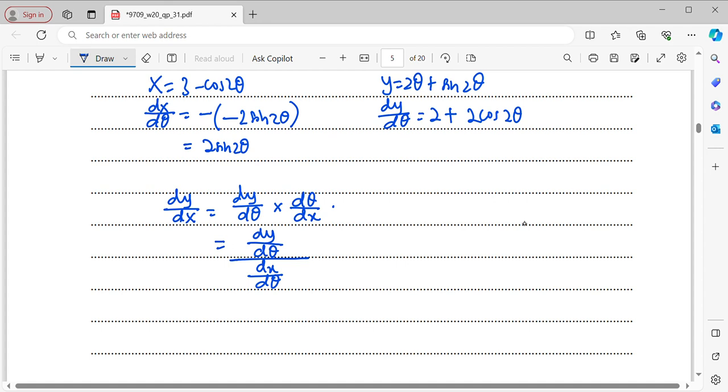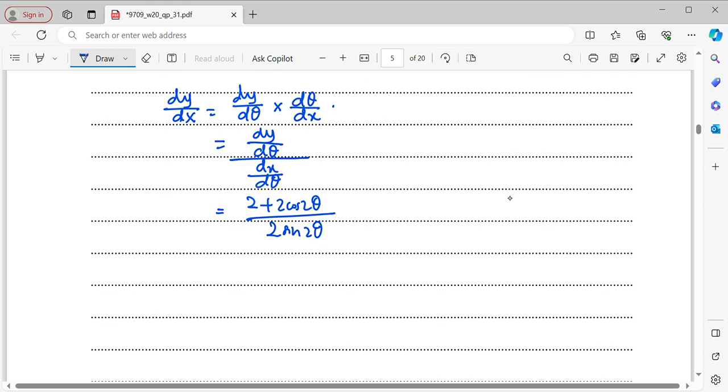So from here, I will get 2 plus 2 cos 2 theta over 2 sine 2 theta. Then we can factorize the 2, and you'll be getting 1 plus cos 2 theta over sine 2 theta. Now the 2 can be cancelled off from both numerator and denominator.